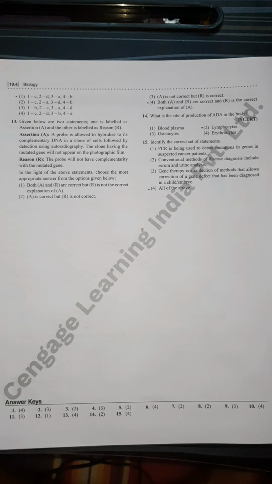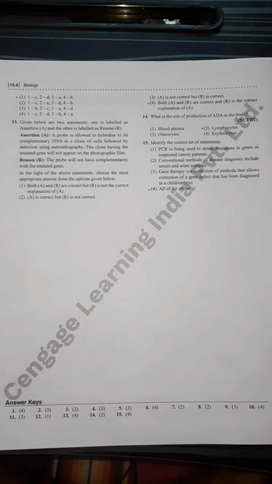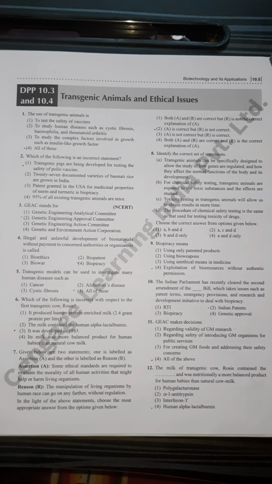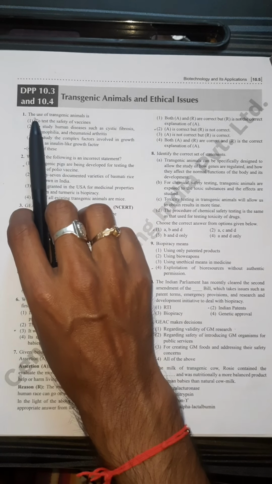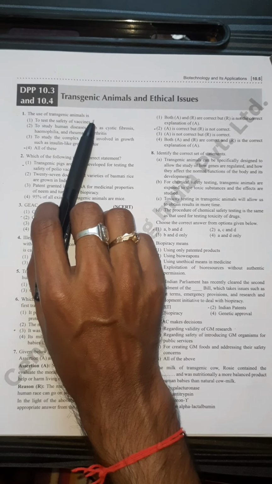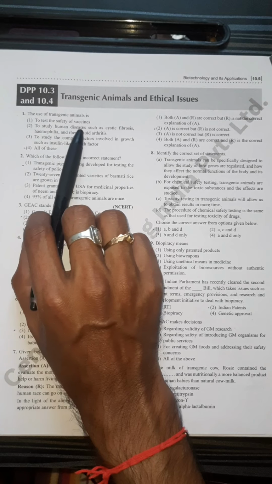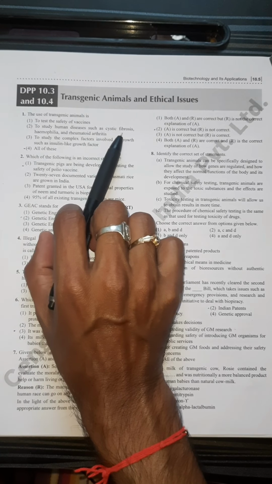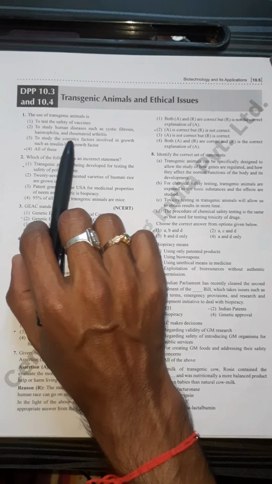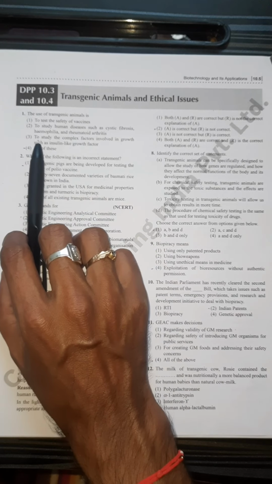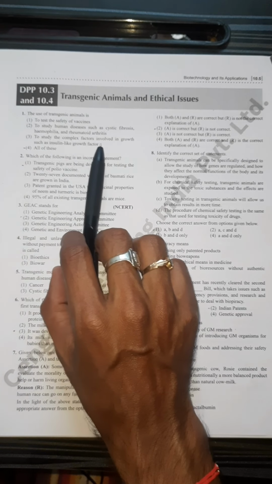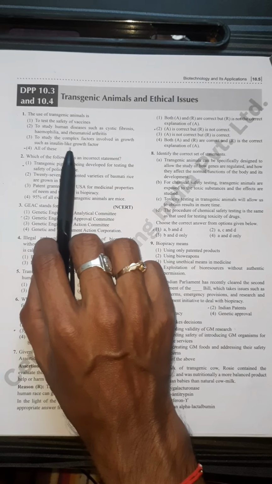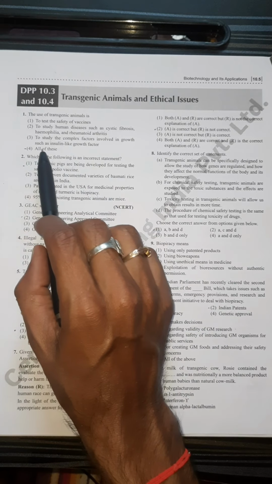Correct. Yes. The next, transgenic animals and ethical issues. The use of transgenic animals is to test the safety of vaccines, to study human diseases such as cystic fibrosis, hemophilia, and rheumatoid arthritis, and to study complex factors involved in growth such as insulin like growth factor. Yes, all of the above.